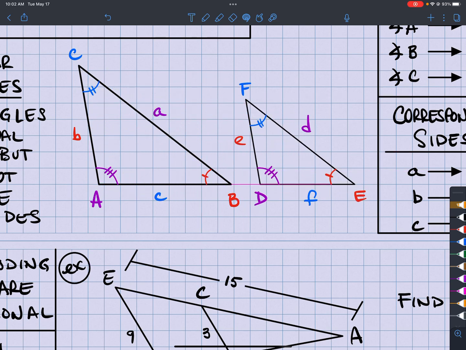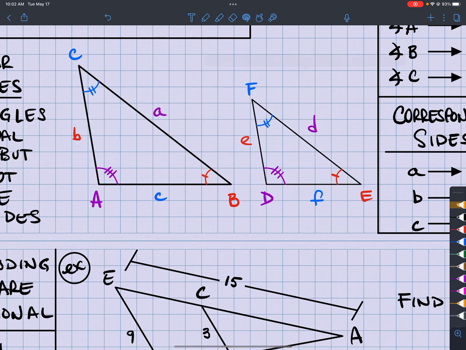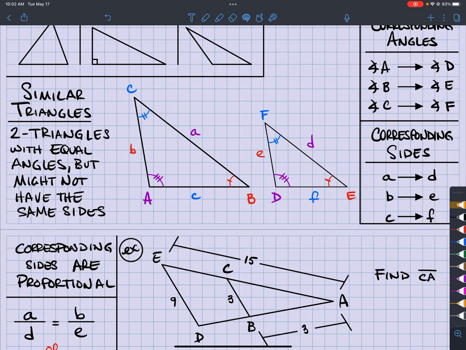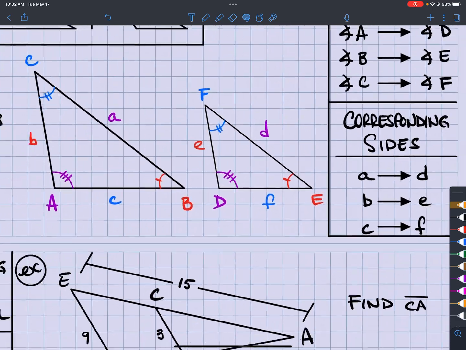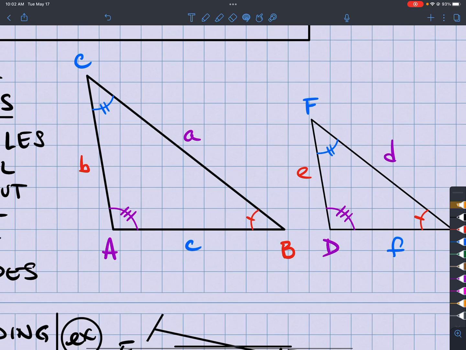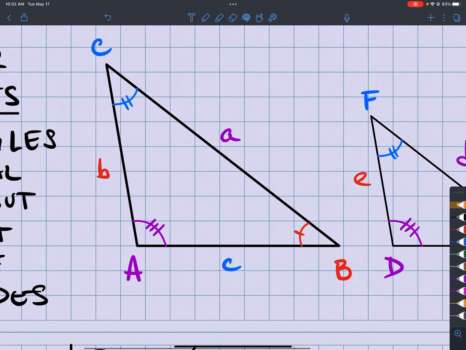I know that you can't do that from your notebook, just picking up the triangle and laying it on top. Now, as we label a triangle, you'll notice that the angles are all in caps and the sides are all in lowercase, and the lowercase side is always opposite the angle.